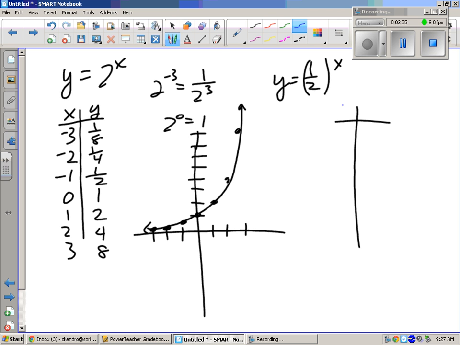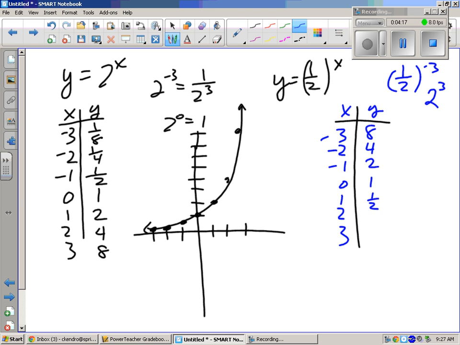So y equals 1/2 to the x. I have x and y. I'm going to pick the same numbers, -3, -2, -1, 0, 1, 2, 3. And this time, if I put a -3, that really means 1 over 1/2 cubed, which is 2 to the third. So this is going to be 8, and then we cut everything in half as we go: 1, 1/2, 1/4, and 1/8.